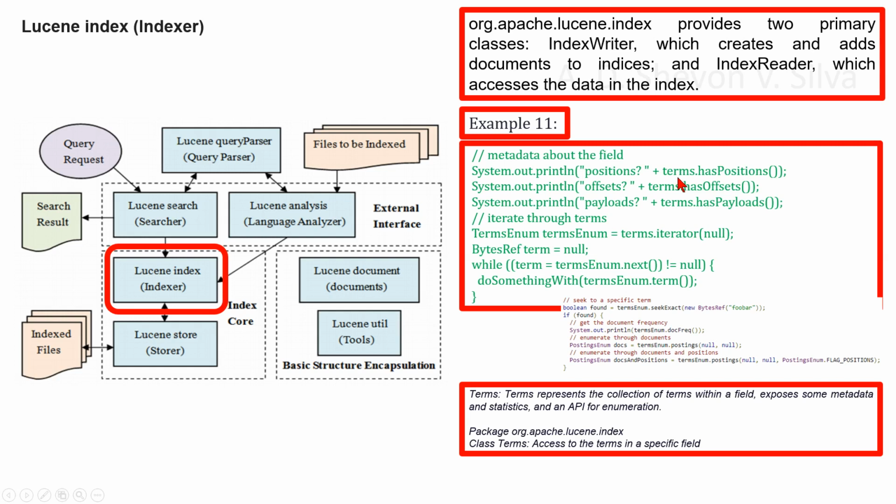The class Terms in package org.apache.lucene.index provides access to the terms in a specific field. Here the TermsEnum provides an iterator over the list of terms within a field.